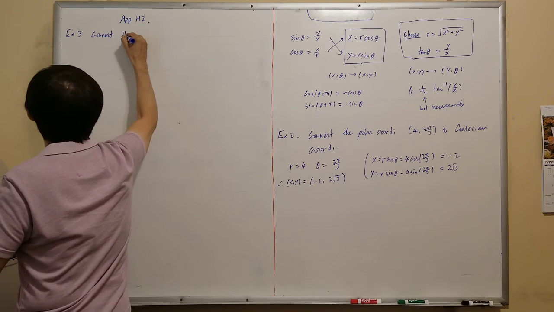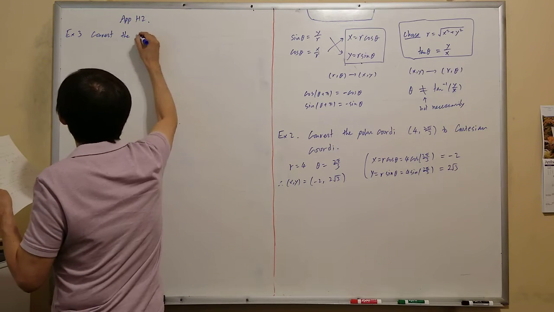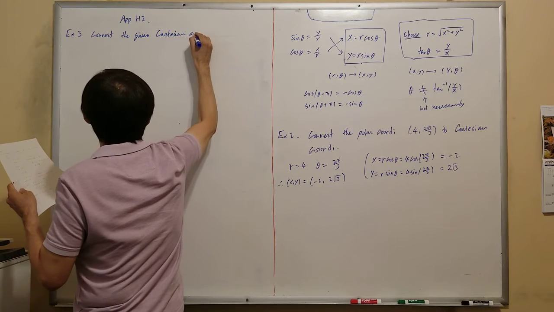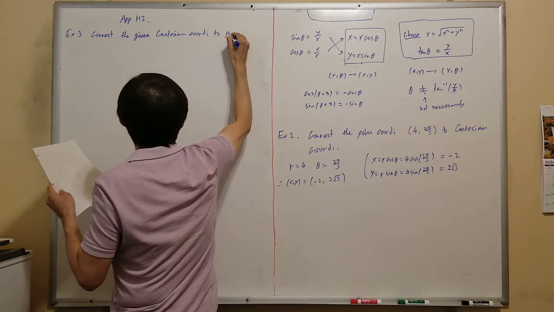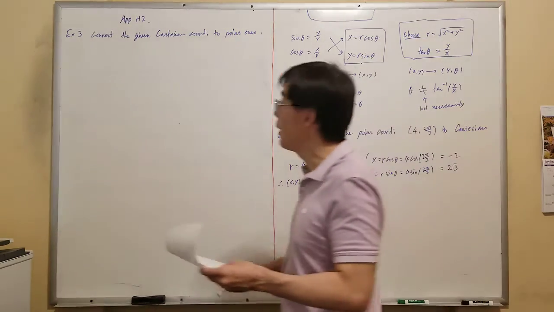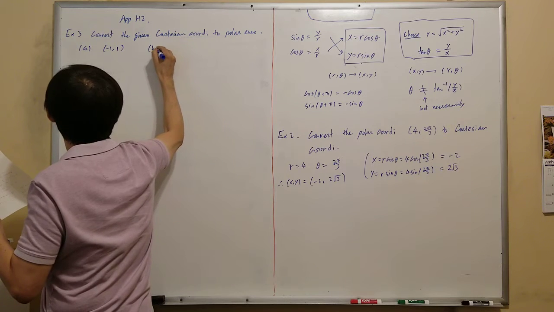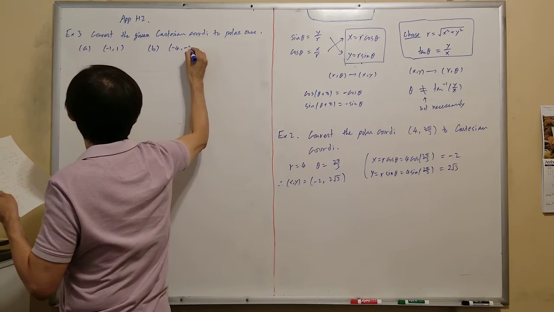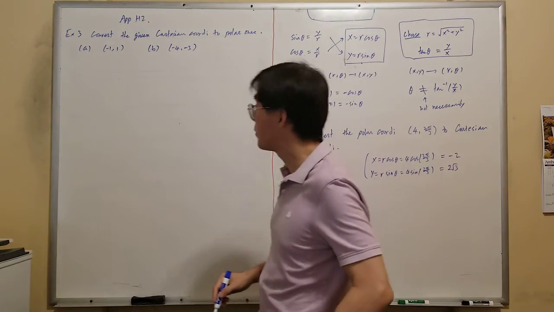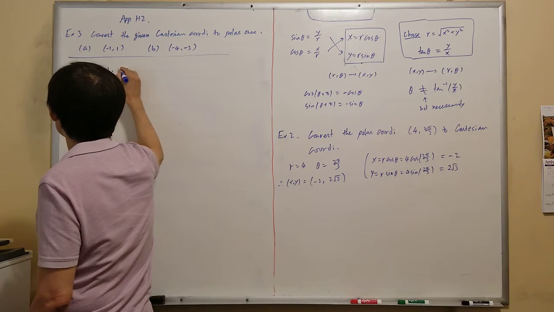Convert the given Cartesian coordinates to polar ones. A equals minus 1, 1. B equals negative 4, negative 3. Okay, x equals negative 1, y equals 1.